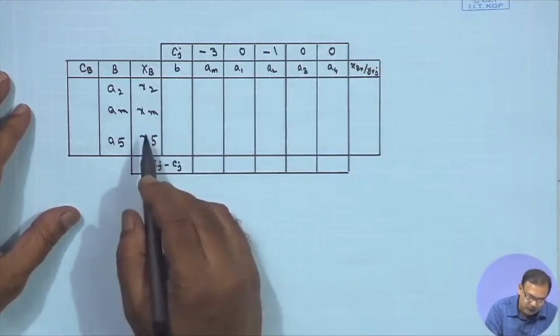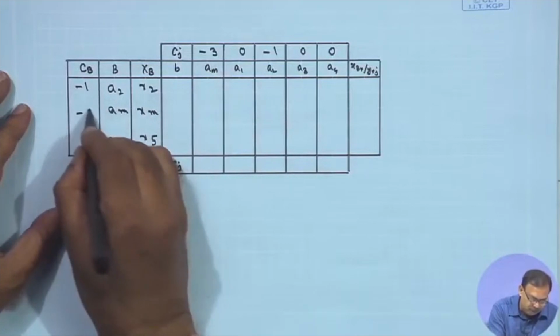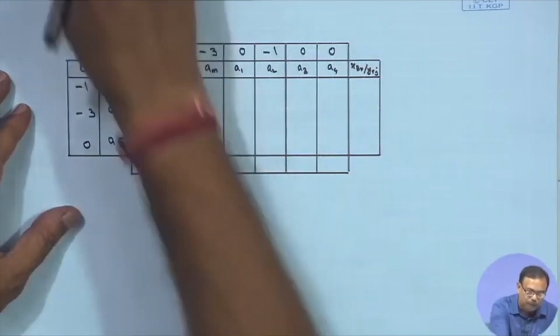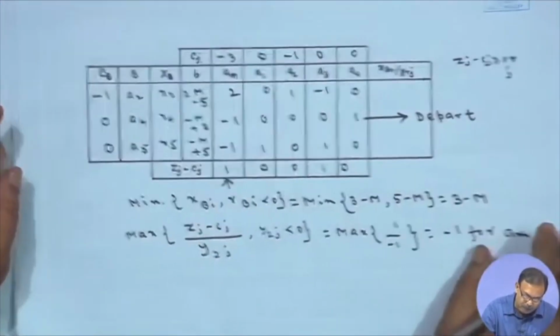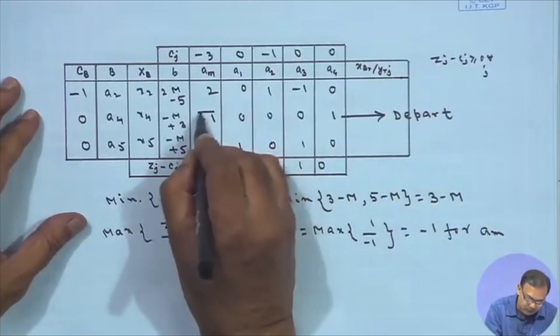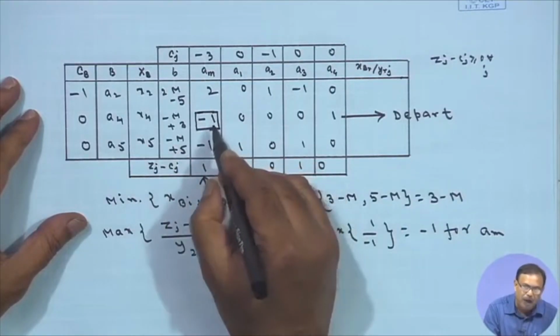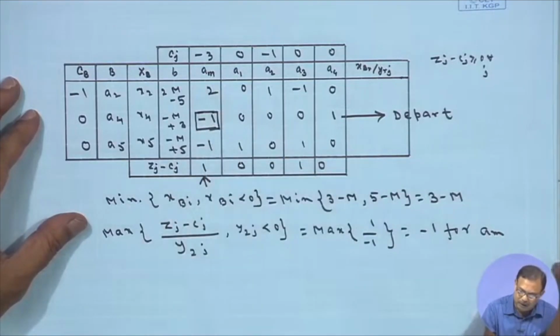So, A2 is minus 1, Am value is minus 3 and A5 is 0. So, on this table your pivot element will be this one. In the earlier table your pivot element was this, meaning I have to make this element 1 and the other elements 0 in this particular column.